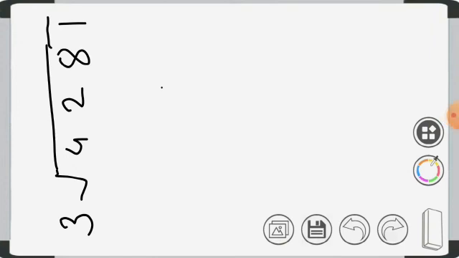We will divide 4281 by 3. First we will start from here. 3 1s are 3. We have to choose the number smaller than or equal to the number that has to be divided. Then we will subtract 4 minus 3.